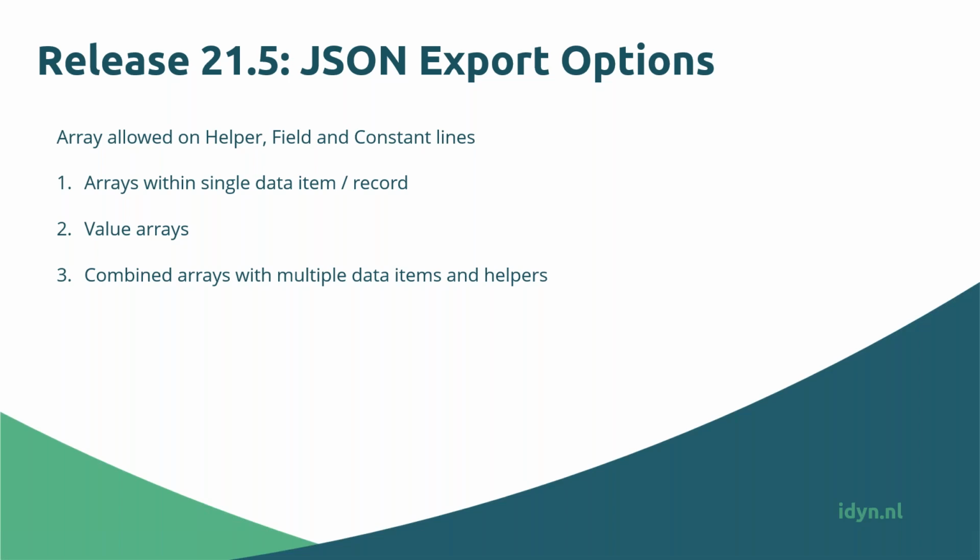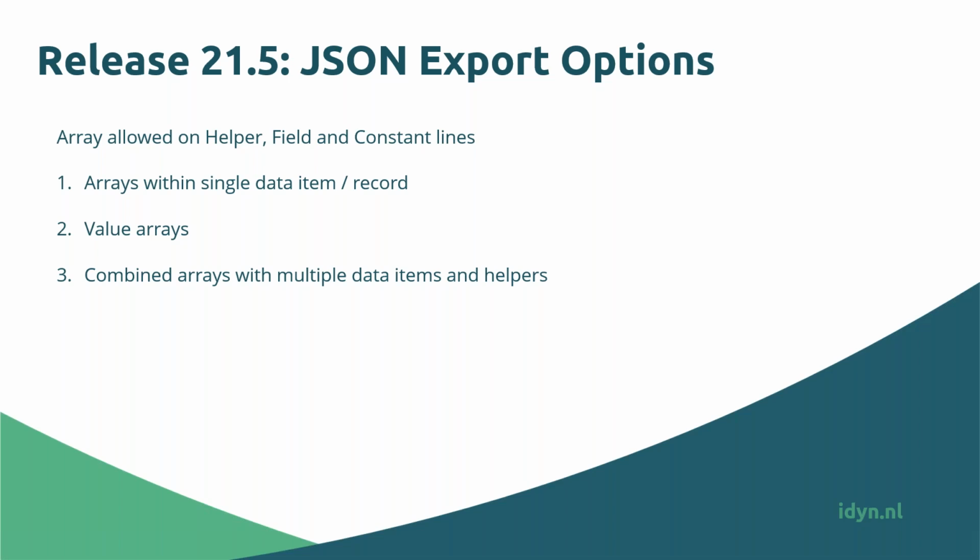However, in the previous version, we only allowed for those arrays to be handled on data item lines, which limited us to only showing arrays when we had multiple records. Since then we have allowed for the array option on the other line types as well.